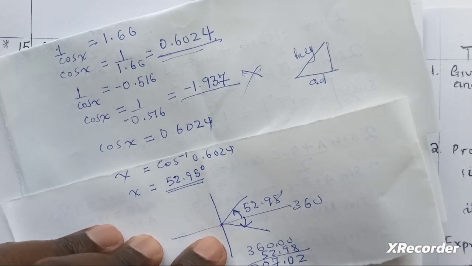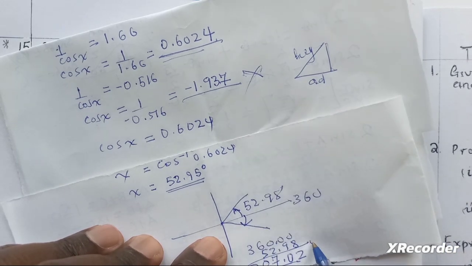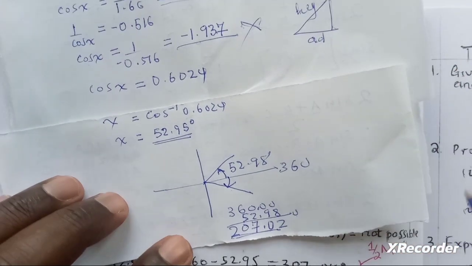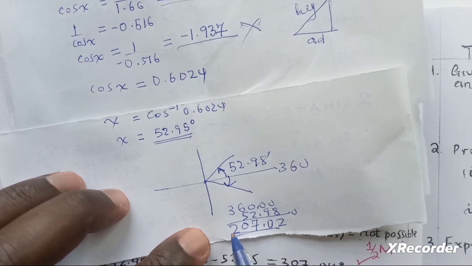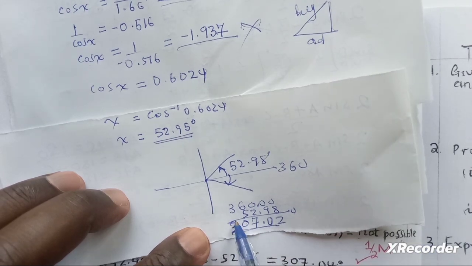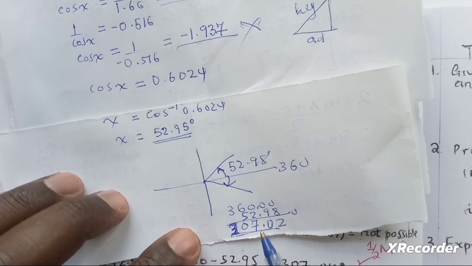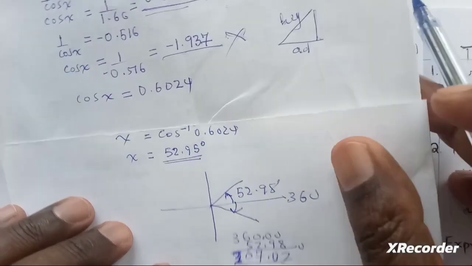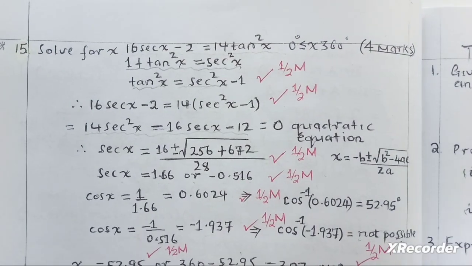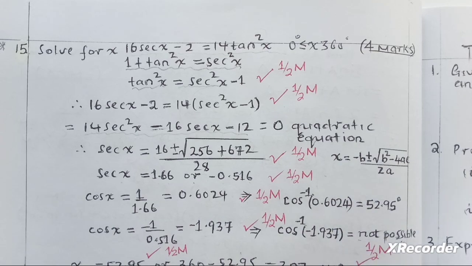We'll have another angle which is 207. It's not 207, it's 307. I made a mistake there. It's supposed to be 307. So this is how the problem has been done.